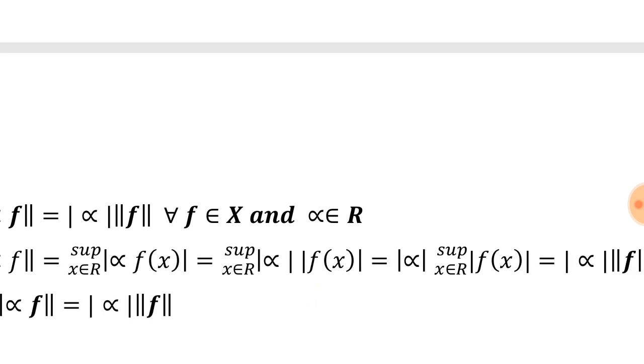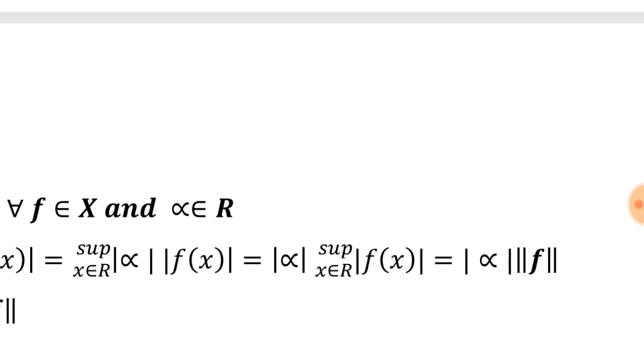Based on the property of the absolute value, we can write the supremum of the absolute value of alpha times the absolute value of f of x. Now, it equals the absolute value of alpha times the supremum of the absolute value of f of x.